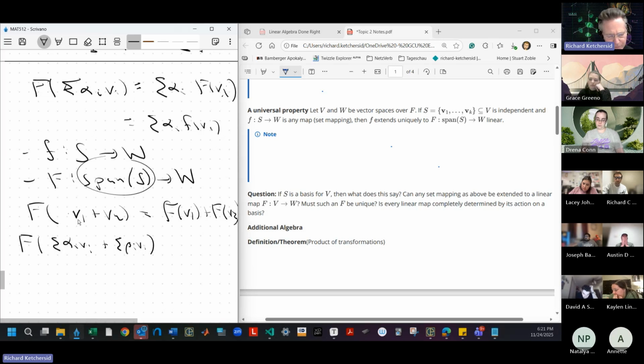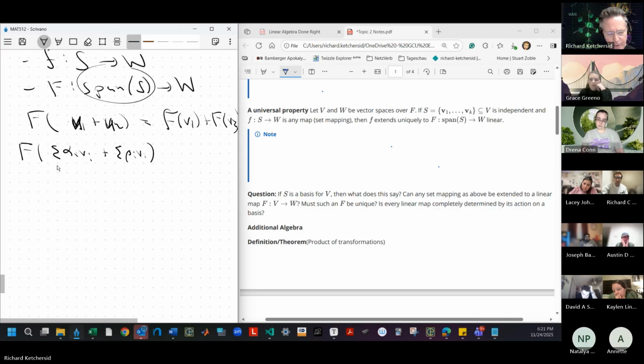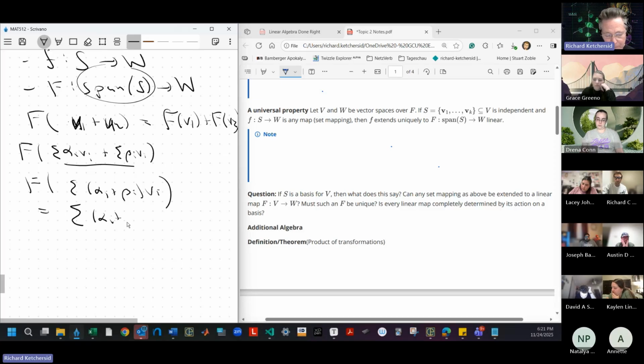Let me call them u1 and u2 because I've got vi's for two different things. Then you combine those things. This is f of summation alpha i plus beta i vi, right? But then by definition, this is summation alpha i plus beta i little f of vi, right?